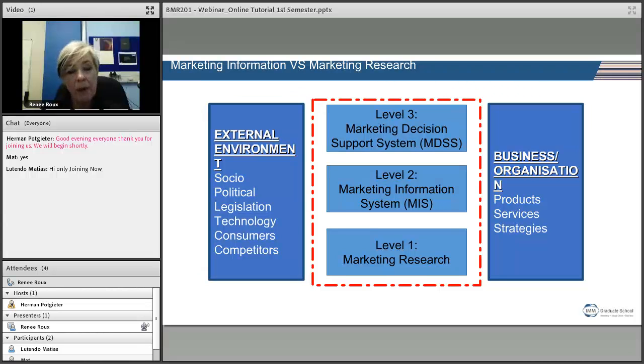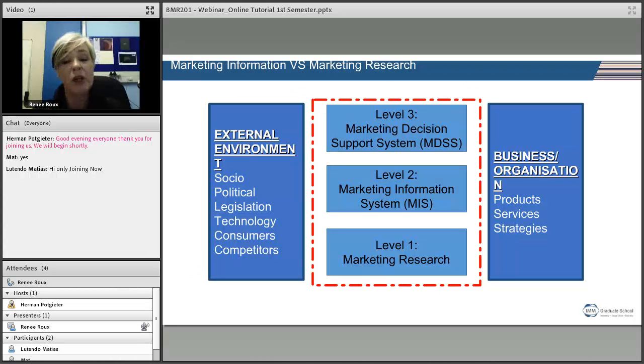The marketing information system just means it's a repository of information. There's data, stats, all sorts of information in that system, and it's usually a software program where the information gets stored. And research findings is usually one of the elements that gets stored in the MIS.